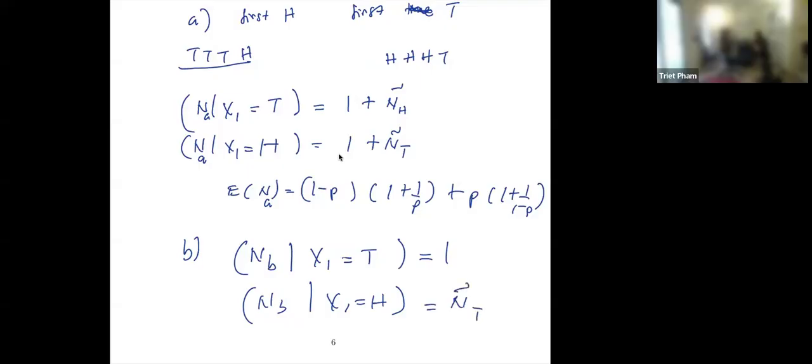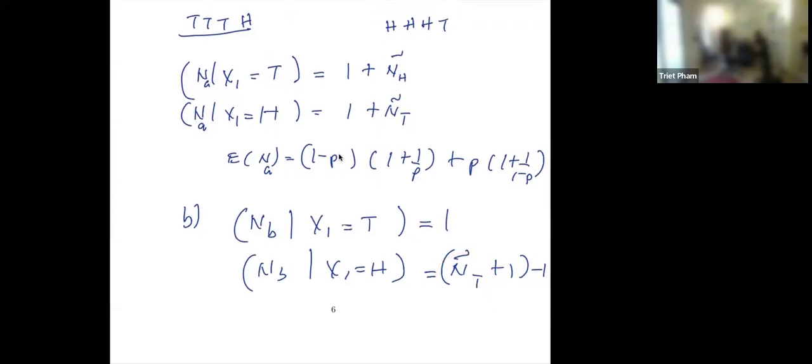Excellent. Because exactly, it's the number of tosses until you get to the first tail, but you also have the 1 here. So technically speaking, it's 1 plus this minus 1. 1 plus this because it's the total number of tosses. Subtract 1 because the last one is the tail, if you want to look at it that way.